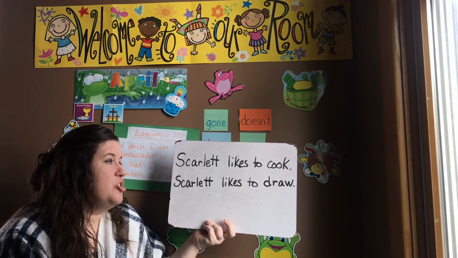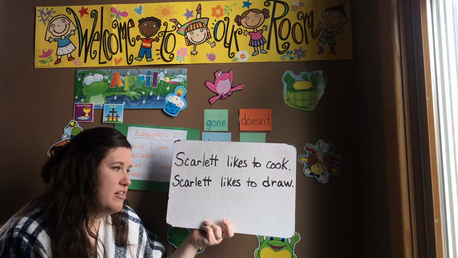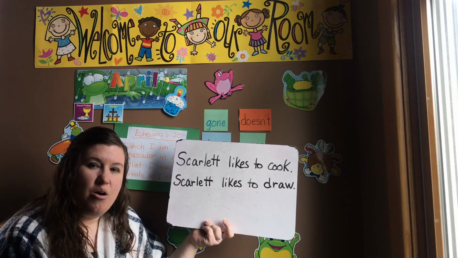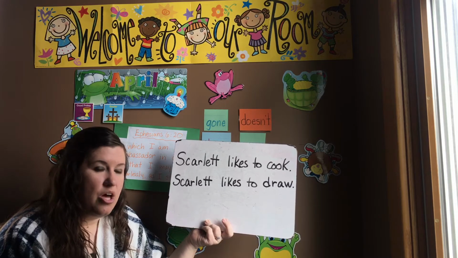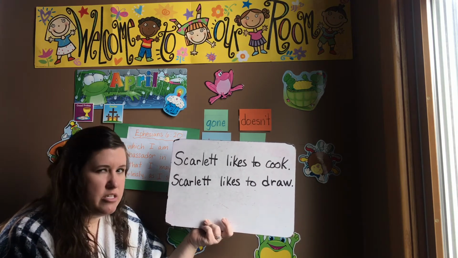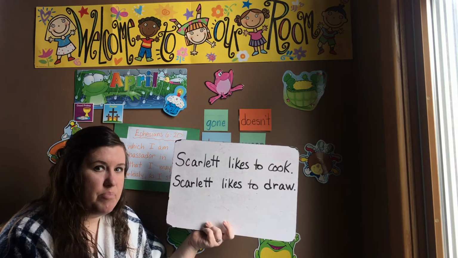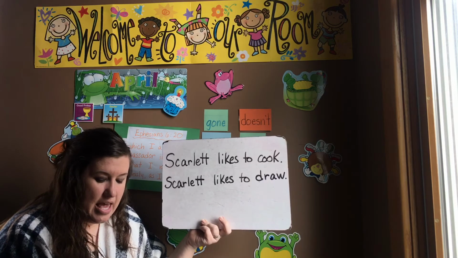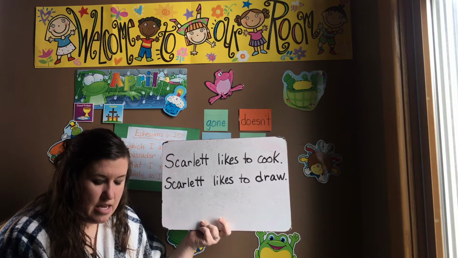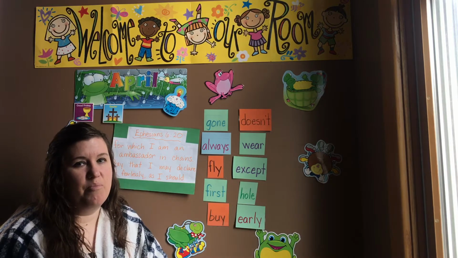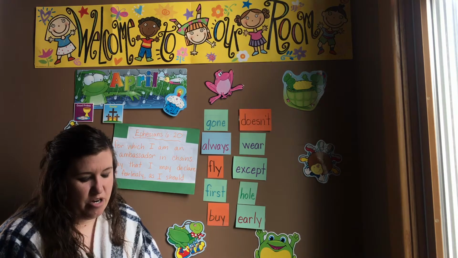Scarlett likes to cook. Scarlett likes to draw. So those are two sentences about Scarlett, but we probably don't need to write Scarlett both times. We can combine that and make the ends, the predicate parts, join with the and word.